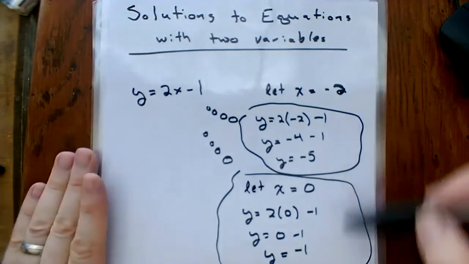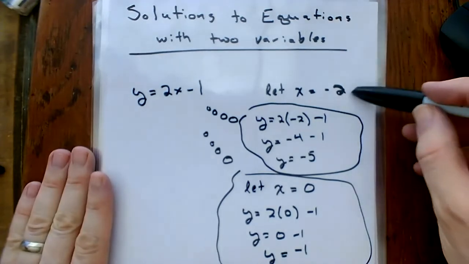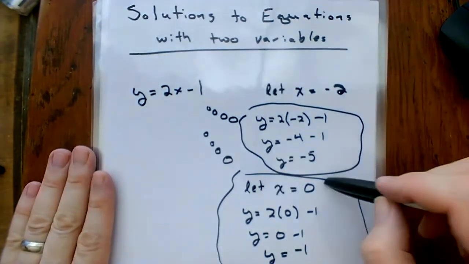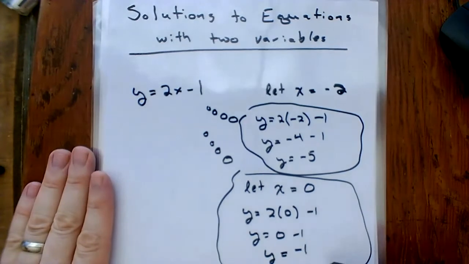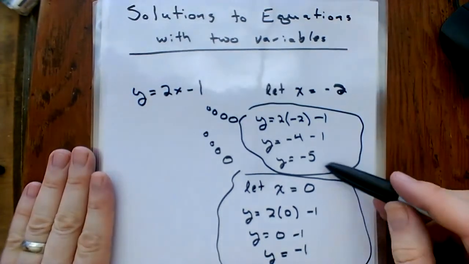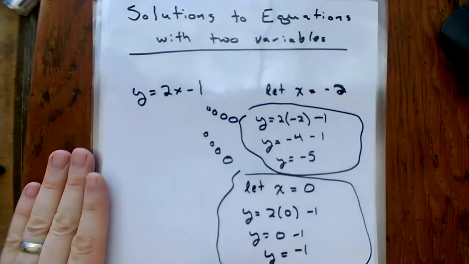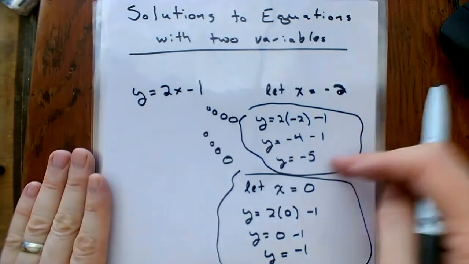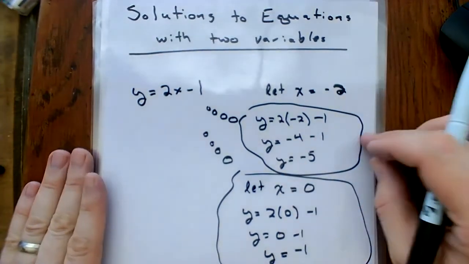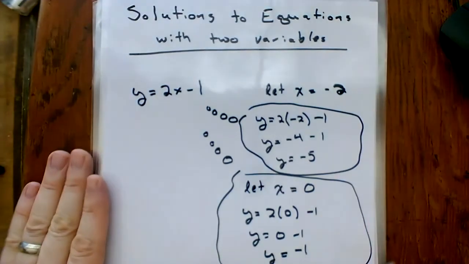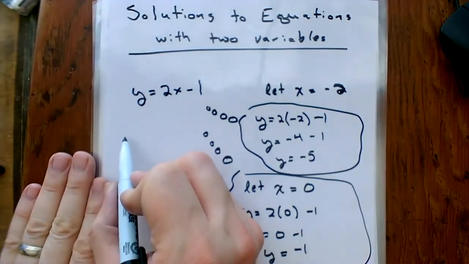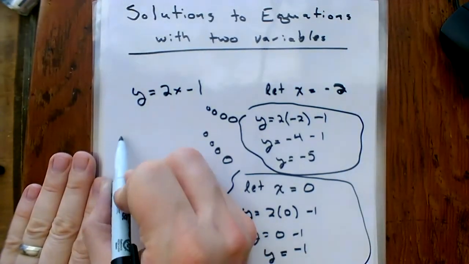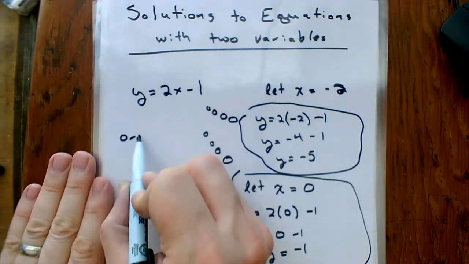Now, the funny thing here is for every single value of x, I'm going to end up with a value of y. So I'm going to end up with an infinite number of solutions. And what we'll do is pair these up in what we call an ordered pair.